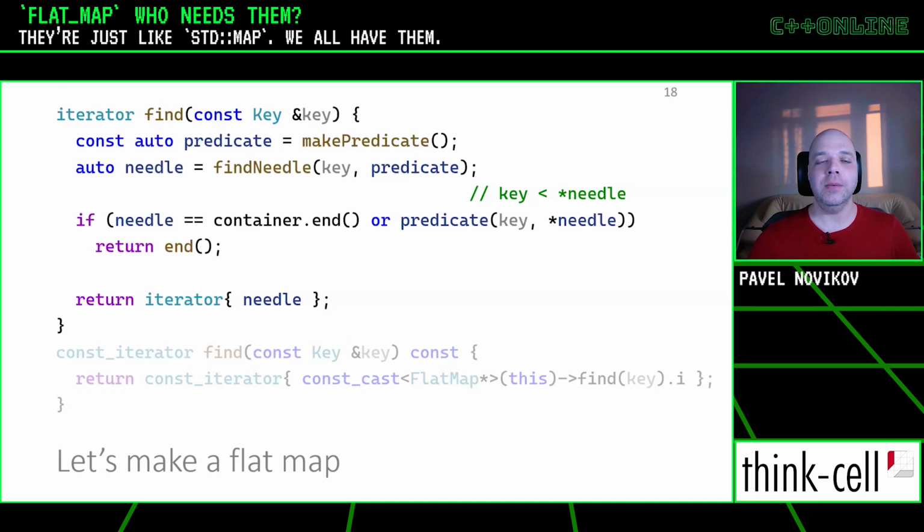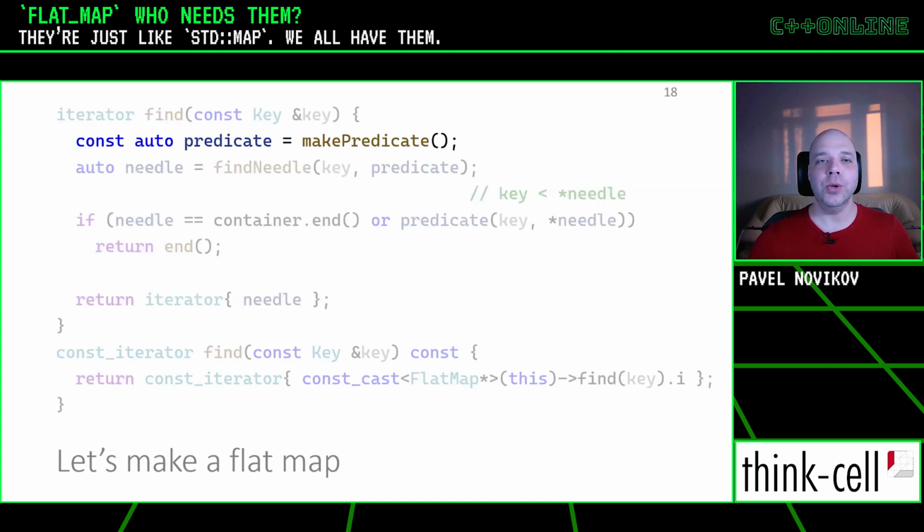Here we want to return an iterator to an element with an equivalent key, or end if such an element doesn't exist. So first of all, we have to get a predicate to search for the element.